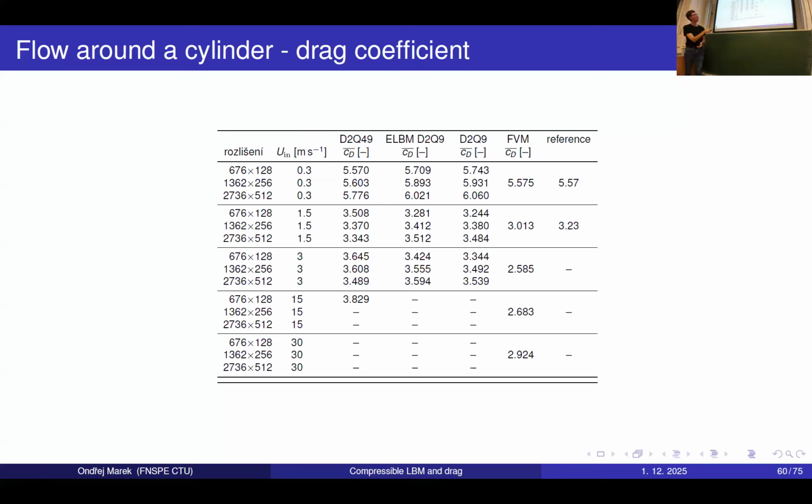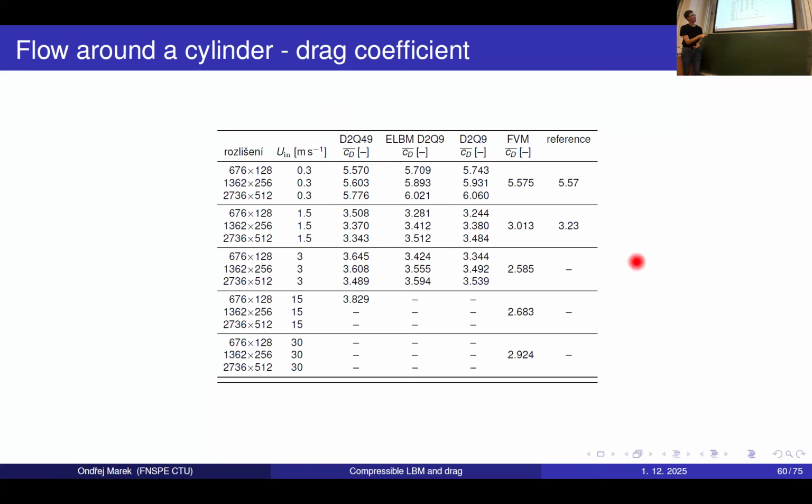We can see that the reference value is 5.57. The finite volume method gives us 5.57 and 5 to the end, and here the multi-speed model is close, 5.77, and the single speed models are slightly larger, around 6.